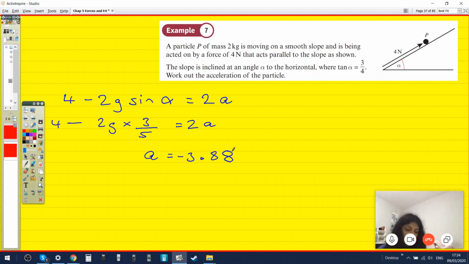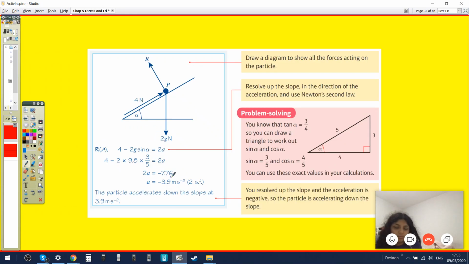Yep, minus 3.9 roughly. Yeah, because it's accelerating down the slope. Eventually it's going to start rolling back down.